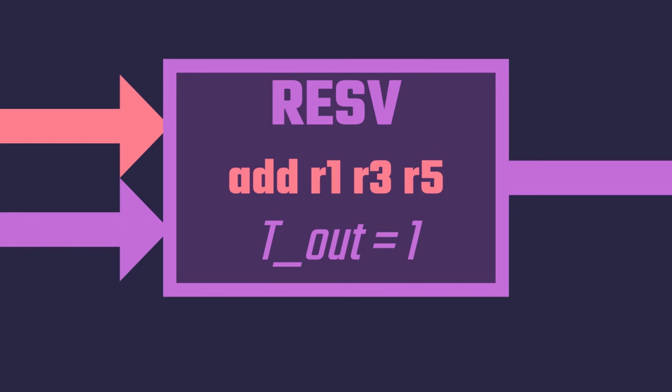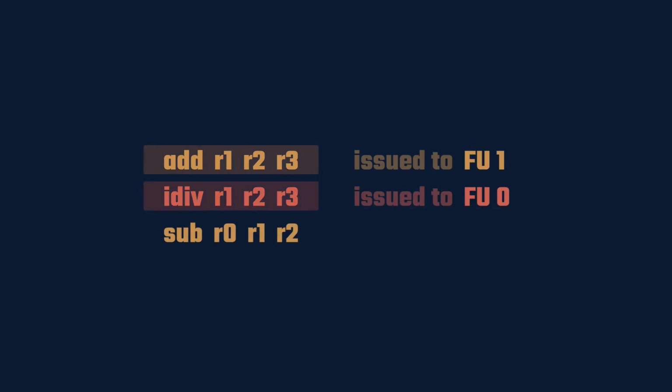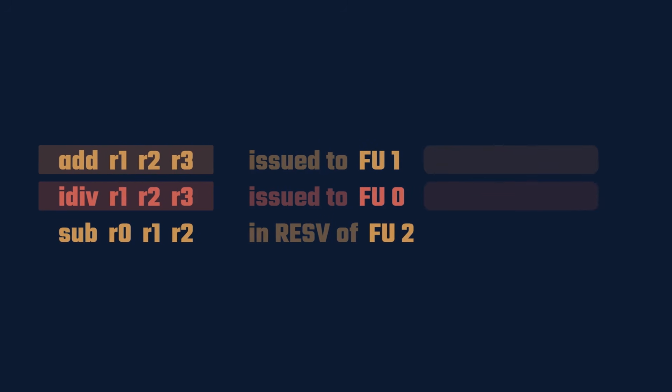But this idea has a problem which isn't super obvious related to WAR and WAW dependencies. Here's an example. In this case, the add and idiv get issued and a sub gets placed in a reservation station, as it depends on the value of R1. We'd expect the sub to use the output of the idiv instruction, but the first add will finish first and broadcast the output using tag 1.